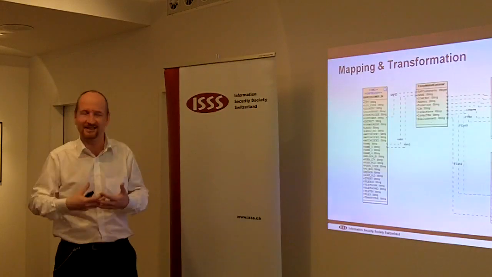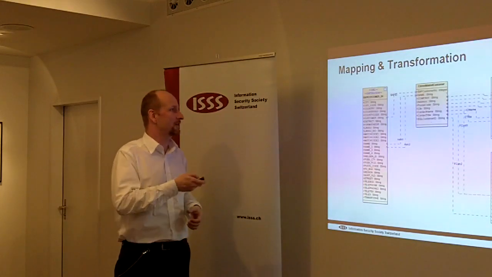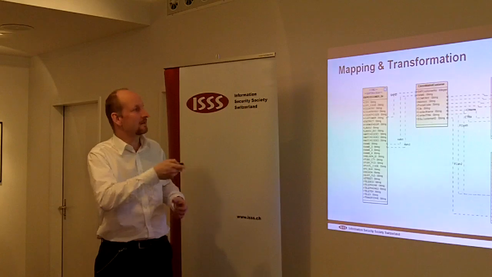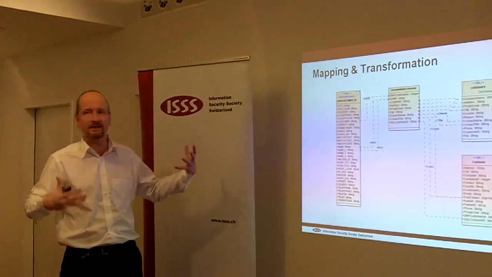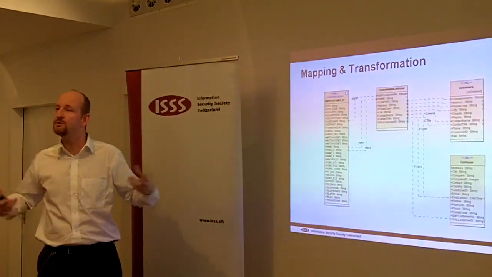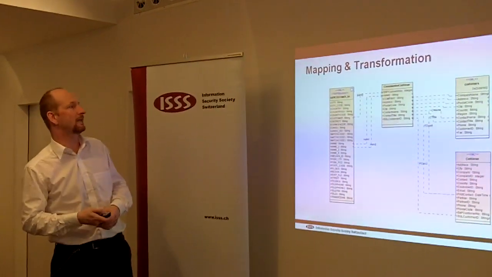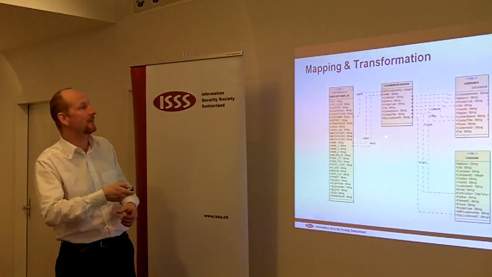So we need to harmonize that, and that's what data integration is about. Here, this is displaying how these various different views on the object customer are actually relating to each other, how they map into each other.